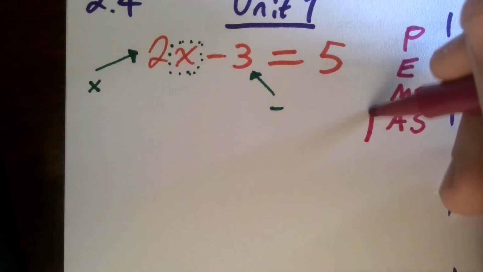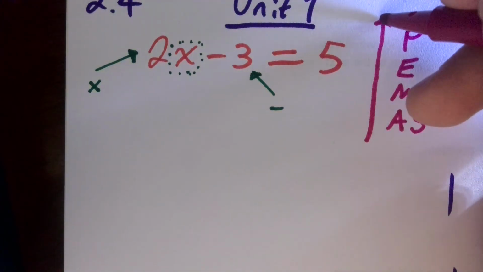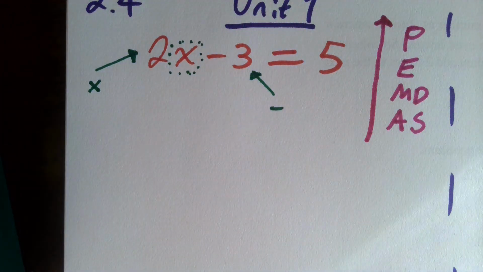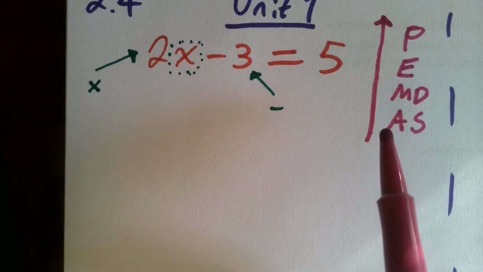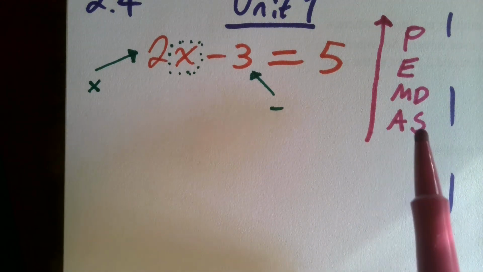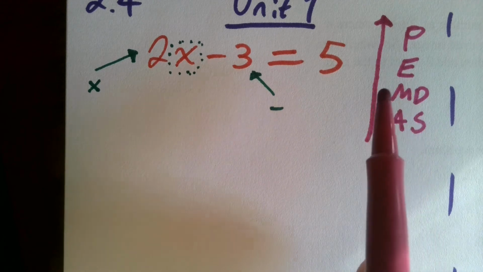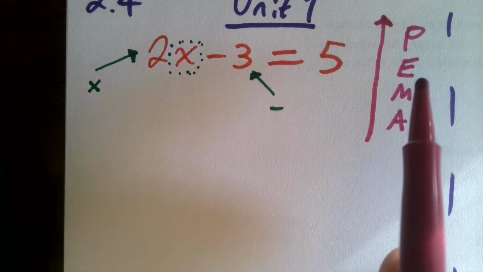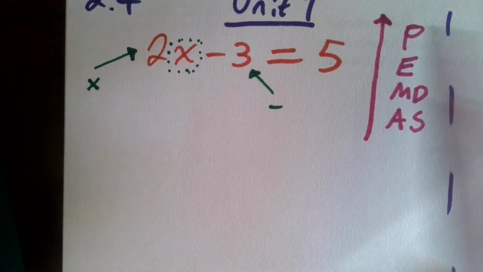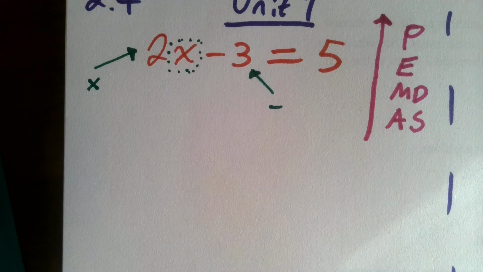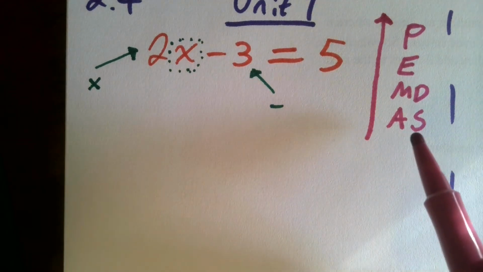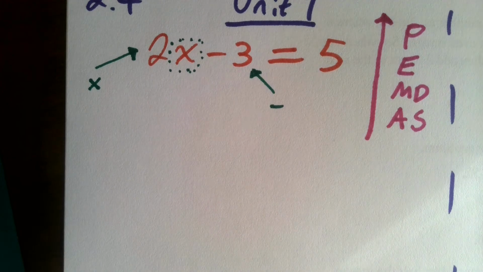As a reminder, when I say reverse PEMDAS, what I mean is this. We start from the bottom, and we get rid of anything that has to do with addition and subtraction. Then we get rid of any multiplication and division, then we get rid of any exponents, and then we get rid of any parentheses.